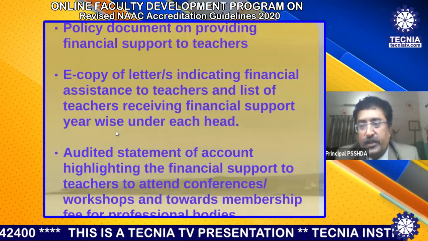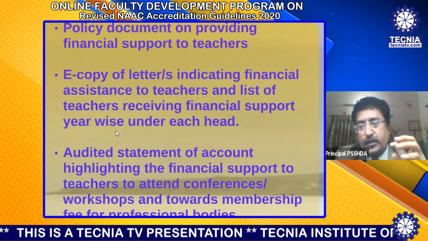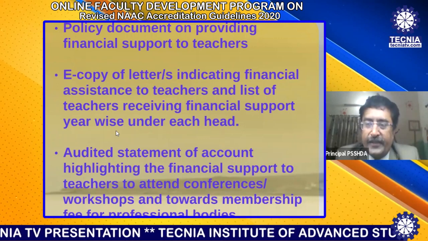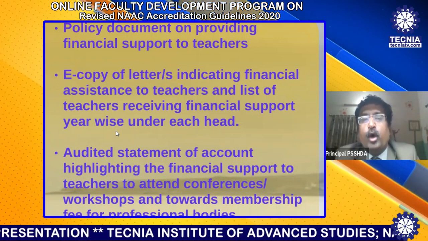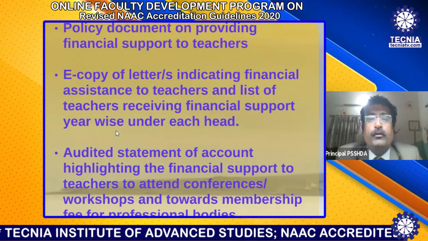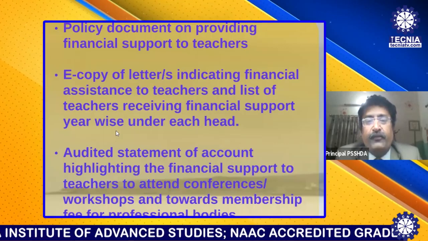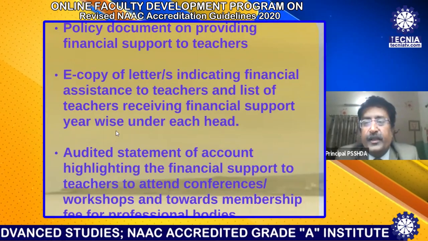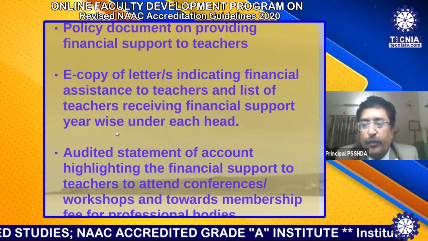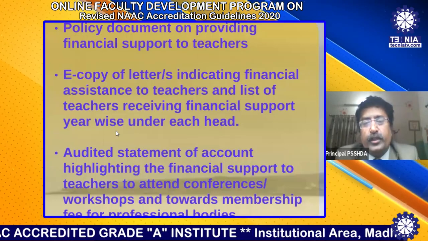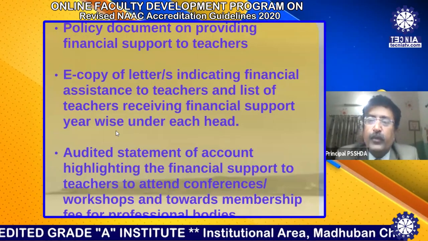So their vouchers, or if you are giving cheques, or the entry in your ERP, in your audit statement, wherever it is, you need to keep all these things: their application, their approval, the sanction letter for providing financial support to teachers. If teachers are getting support from UGC or state government, then keep that sanction letter ready, so you can show that you get financial help from the government also.